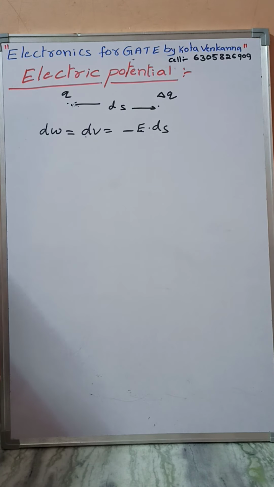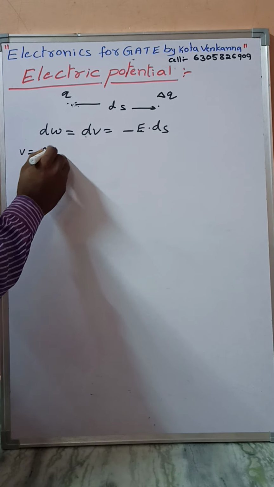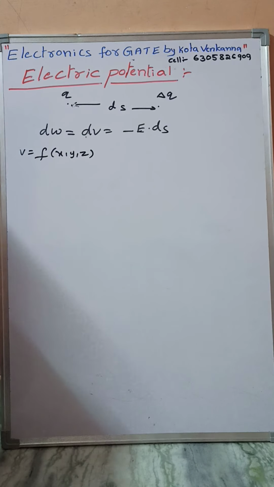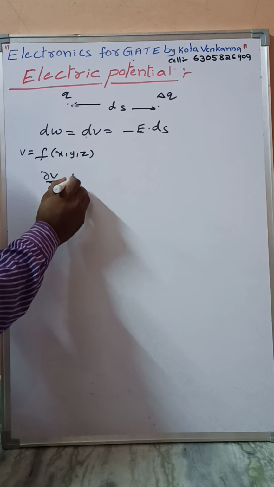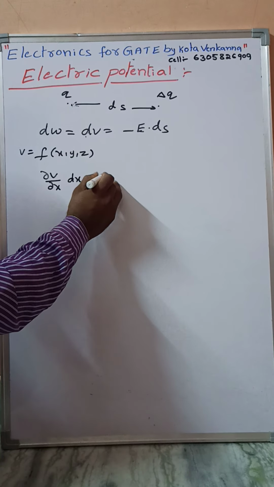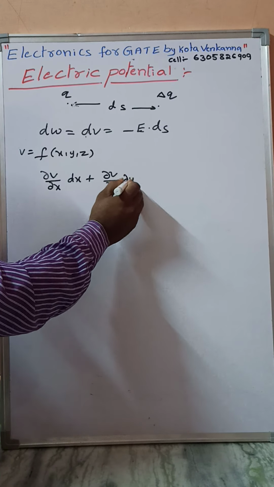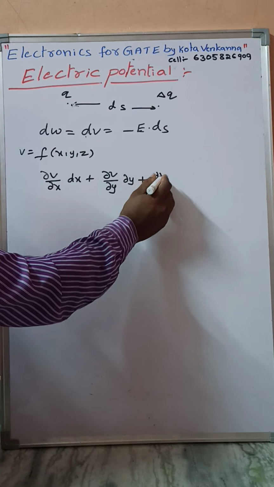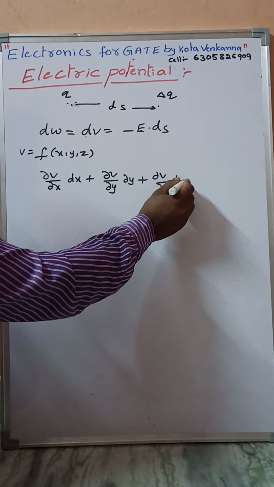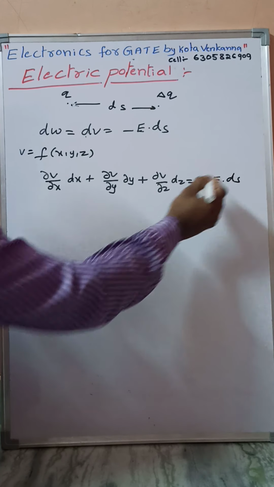Here, if V is a function of x, y, z, then the above relation is expressed as dou V by dou x dx plus dou V by dou y dy plus dou V by dou z dz is equal to minus E dot ds.